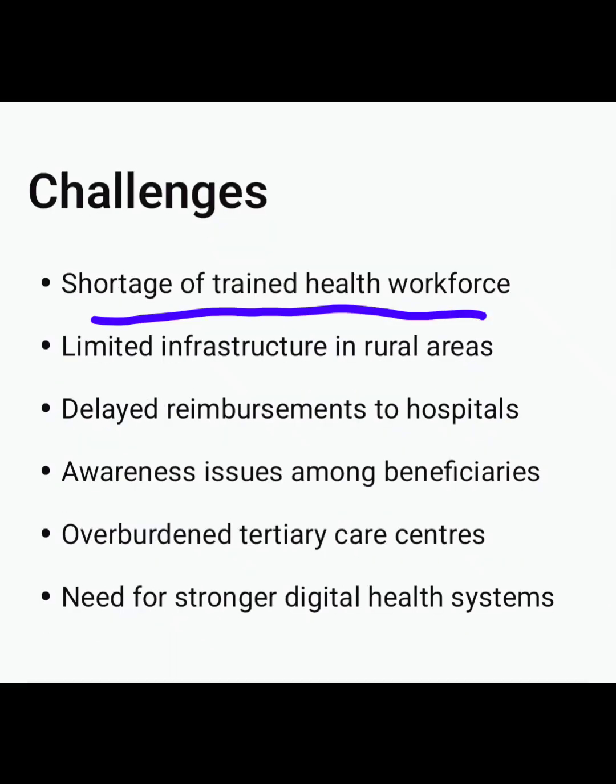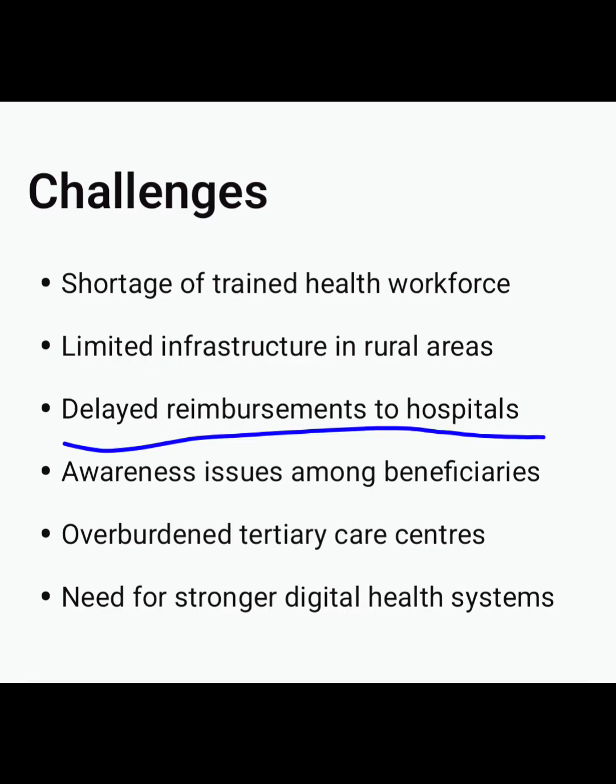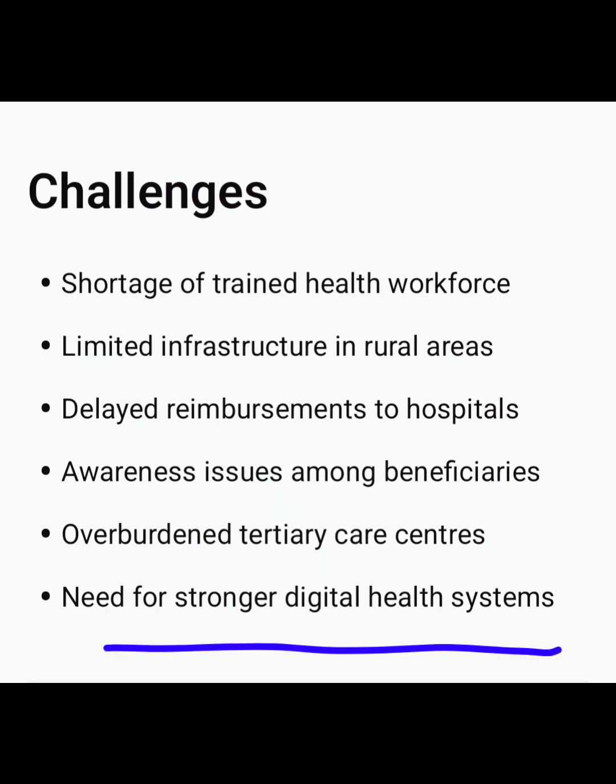Challenges: shortage of trained health workforce, limited infrastructure in rural areas, delayed reimbursement to hospitals, low awareness among beneficiaries, overburdened tertiary care centers, and need for a stronger digital health system.